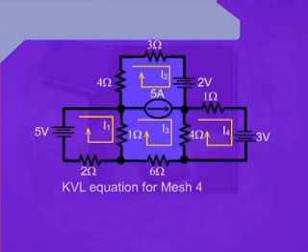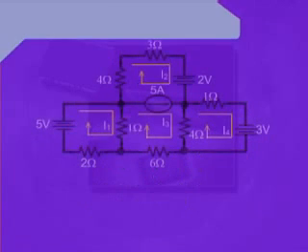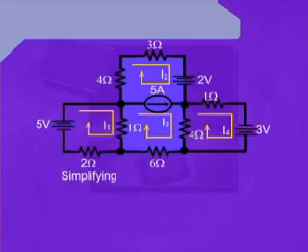For mesh number 4, writing the KVL equation, we can write 4I4 minus 4I3 plus I4 minus 3 equals 0. Now, simplifying these 3 equations, which are for mesh number 1, mesh number 4 and the super mesh, for mesh number 1 we can write 3I1 minus I3 equals 5.